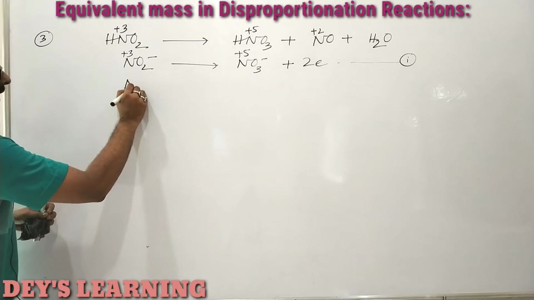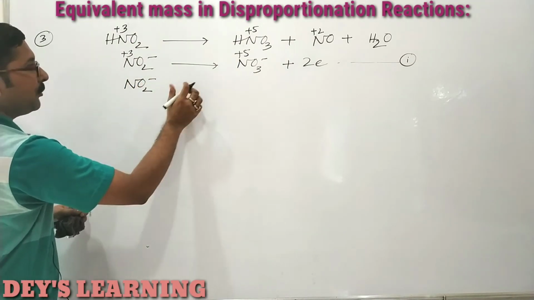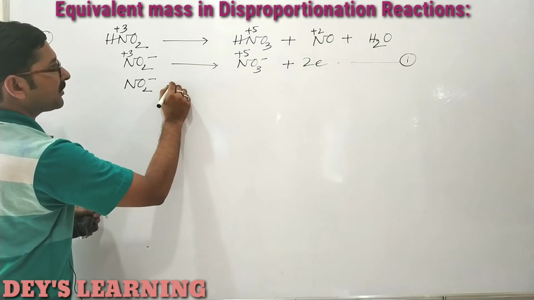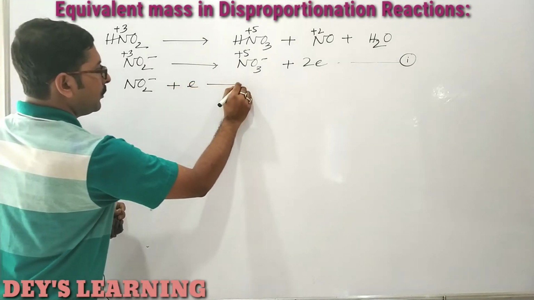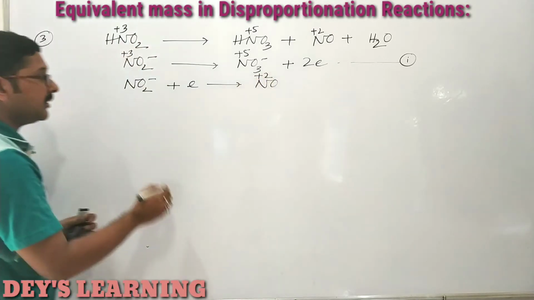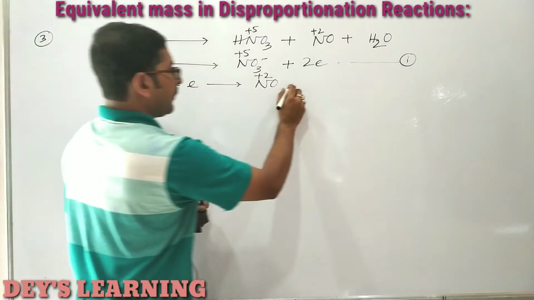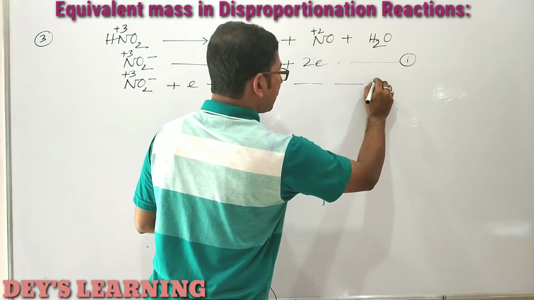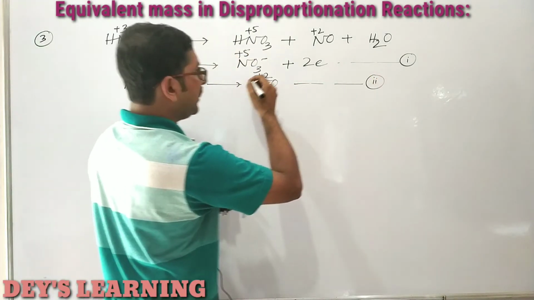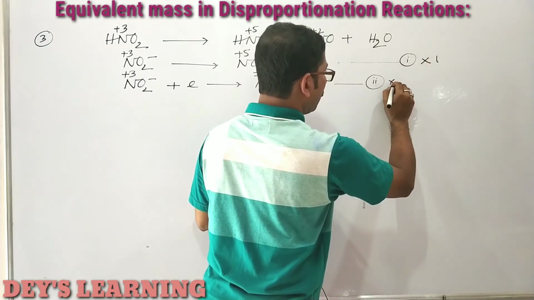And again, NO2 minus is reduced to NO by accepting 1 electron, because the oxidation number of nitrogen is +2 here and +3 here. So to balance this reaction, we have to multiply equation 1 by 1 and equation 2 by 2.